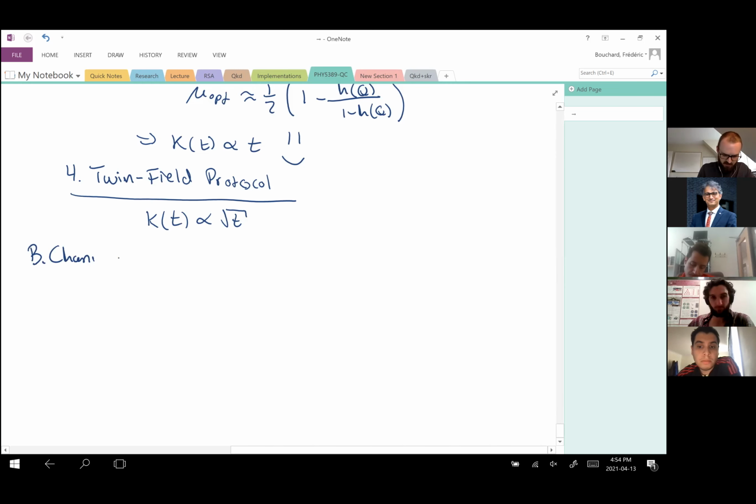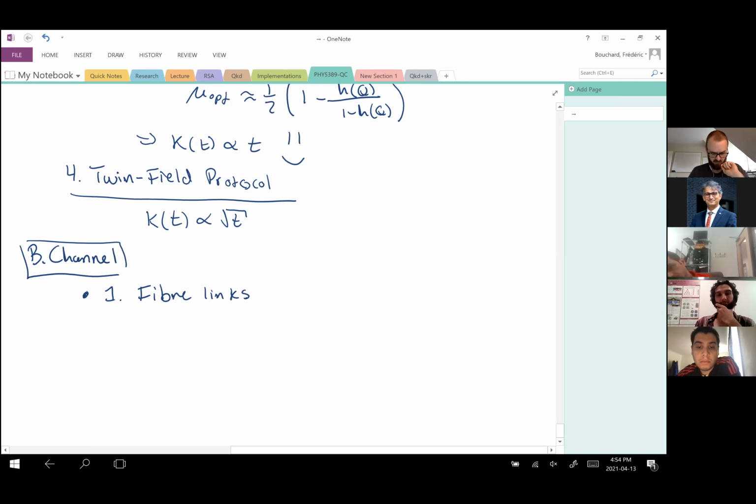When you perform QKD, there are different types of channels. Probably the most popular one will be fiber links. Since we already have fiber networks used for classical communication, the hope would be you'd be able to reuse them for quantum communication.